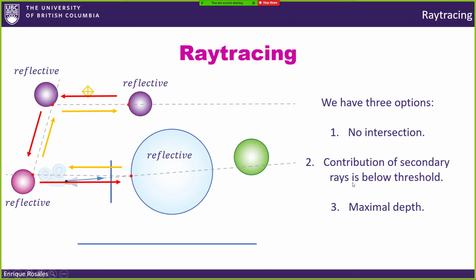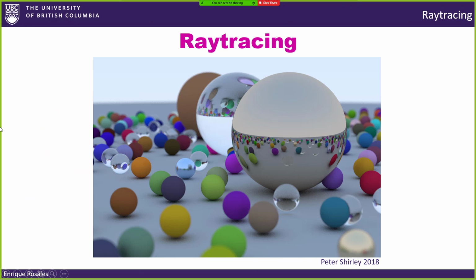Another option that is a bit more realistic, and also very expensive, is this. Let me show you this image. It is a ray traced image from the software that you will use for your ray tracing assignment.